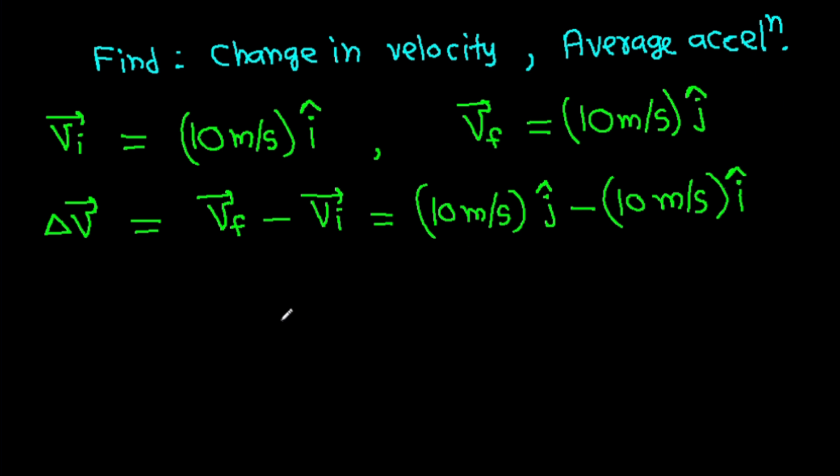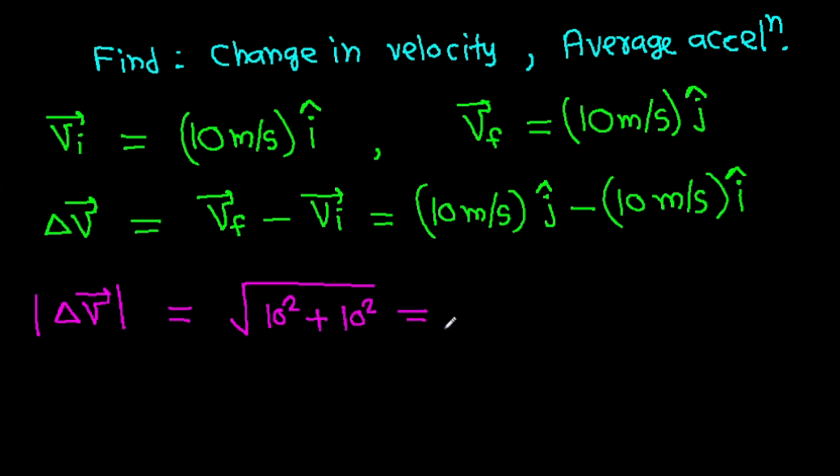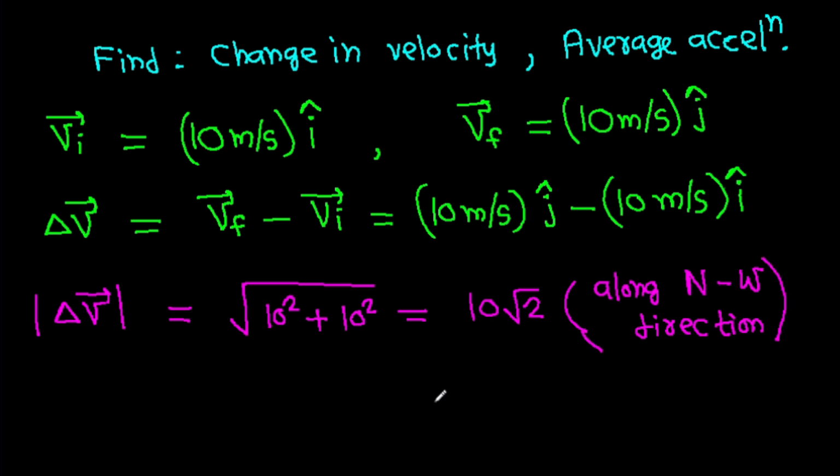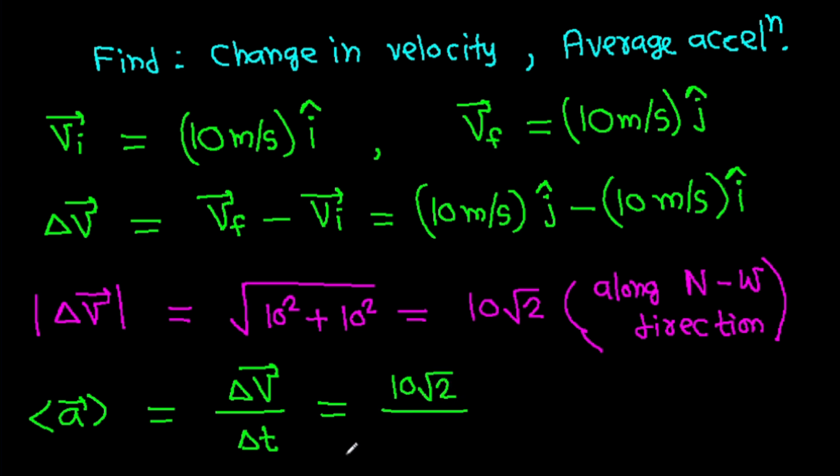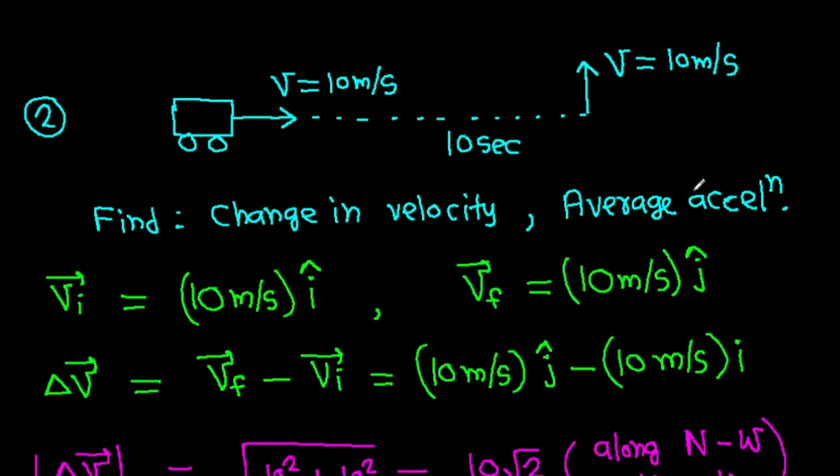and we can find magnitude of change in velocity, that will be root under 10 squared plus 10 squared, that will be 10 root 2 along north west direction, and average acceleration will be change in velocity over change in time, and change in velocity is 10 root 2, and change in time is 10 seconds.